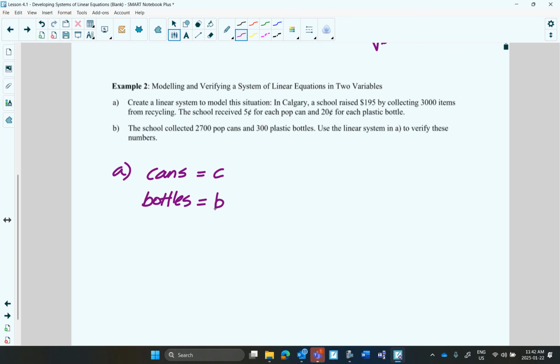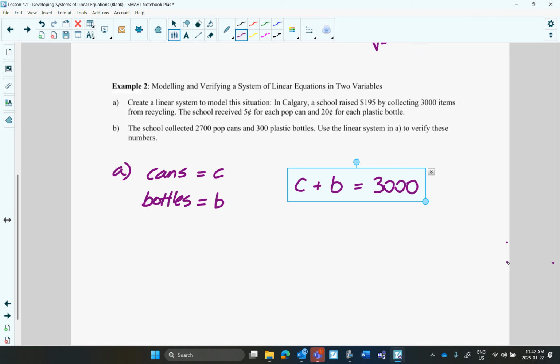C plus B equals 3,000. Exactly. The next one is a little bit trickier.